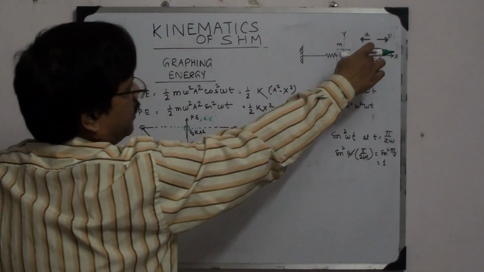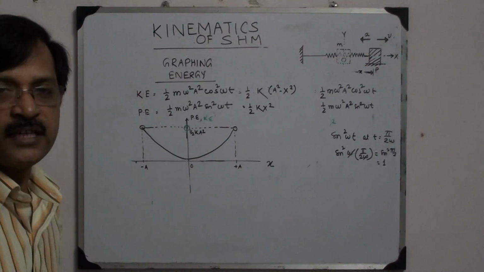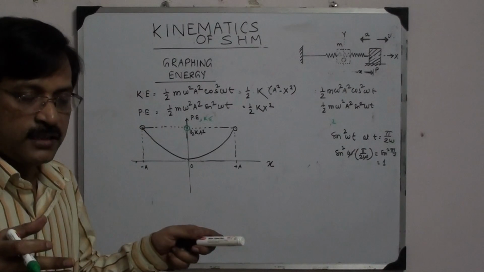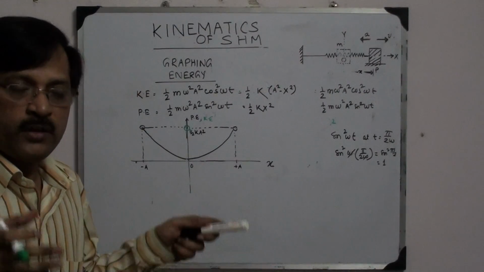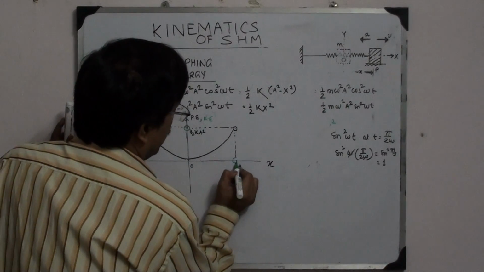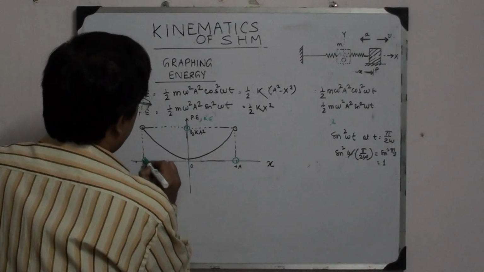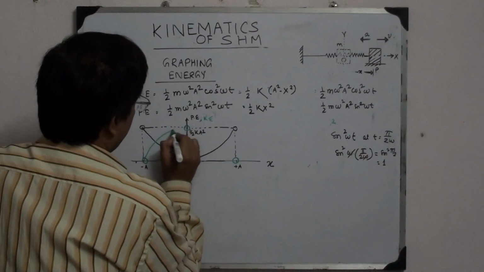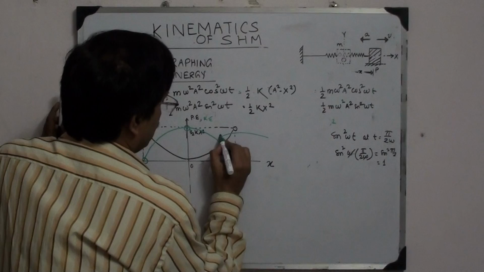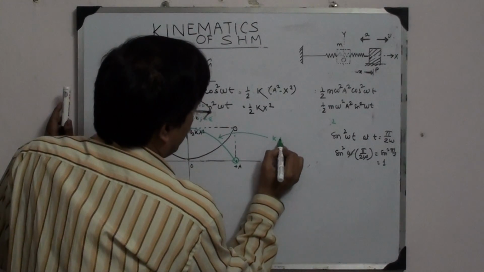That is when the body has reached the right or left extreme, the velocity is 0, so kinetic energy is 0. All the energy of the body is stored in the form of elastic potential energy. So here kinetic energy is 0, here kinetic energy is 0. We get a graph like this. This is our KE.